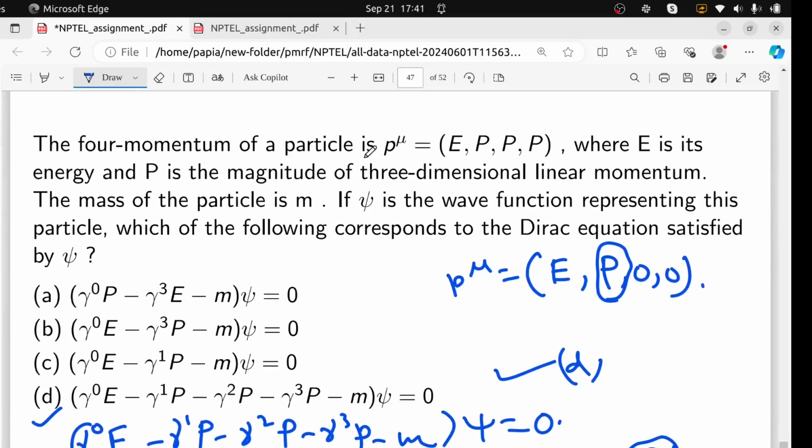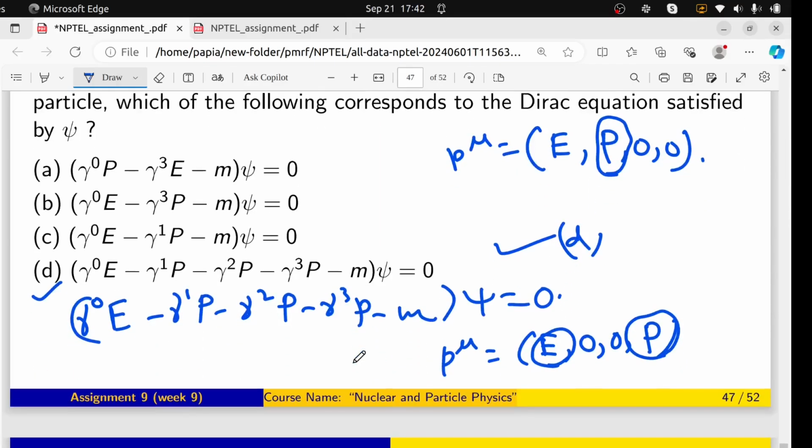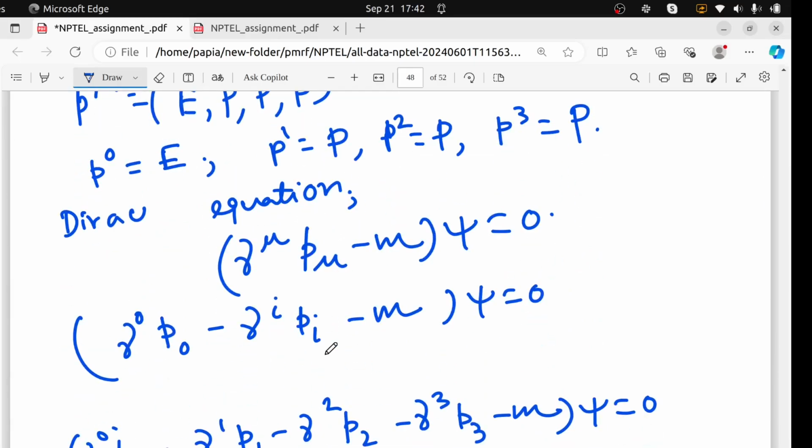Then this is the expression for the four-momentum P mu, where E is its energy and p is the momentum. And they want to know what Dirac equation is satisfied by psi. So we got to know that the Dirac equation is gamma mu P mu minus m psi equals 0.